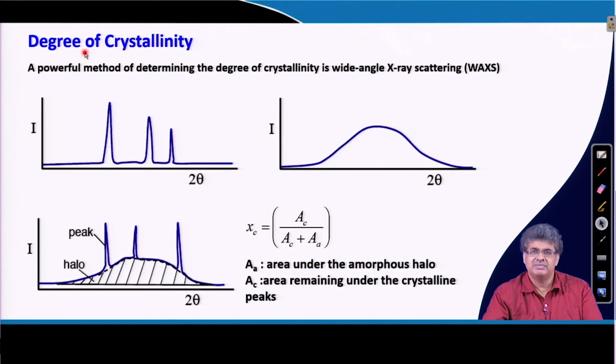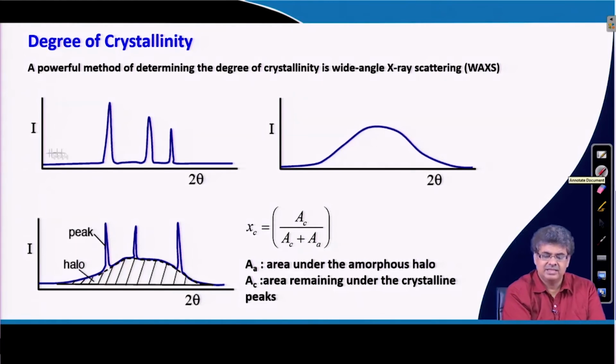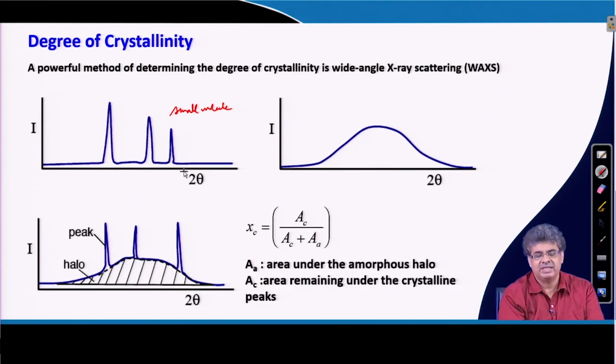The other method to determine crystallinity is wide angle X-ray scattering, and this is generally for small molecule crystals, where we have sharp crystalline peaks, and this is for small molecule perfect crystals, and in this case for a perfect amorphous or 100% amorphous sample.